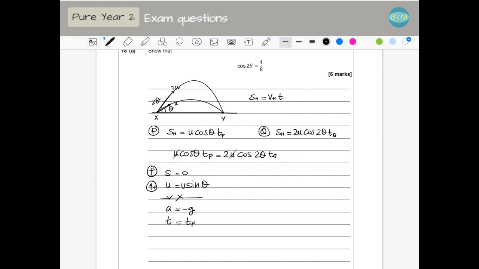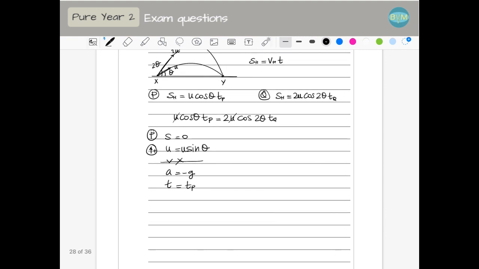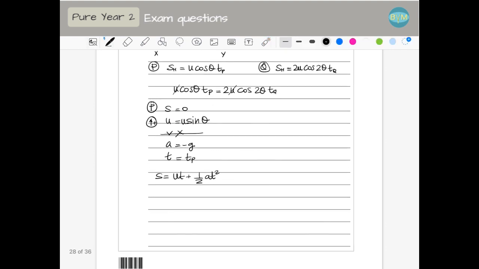If I write a SUVAT equation without V, it will be S equals ut plus 1/2 at squared, where S is the vertical displacement. This gives 0 equals u sine theta TP minus g divided by 2 TP squared, because the acceleration is negative.